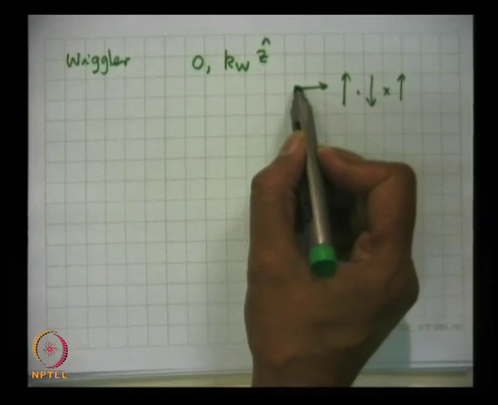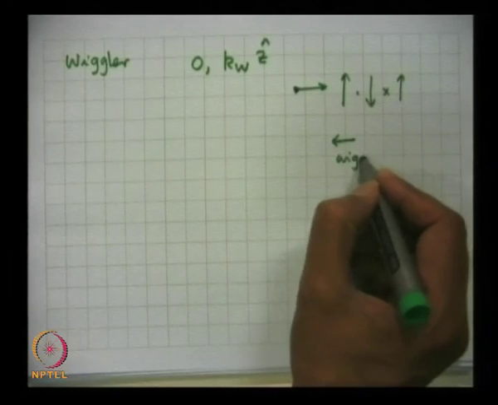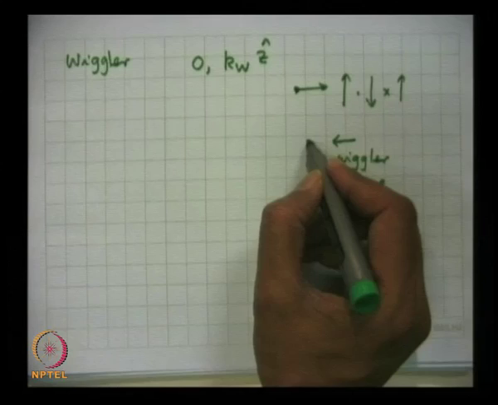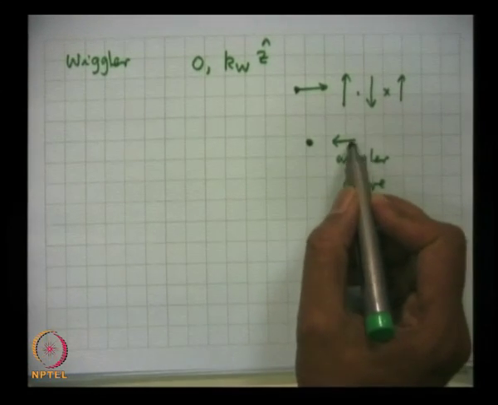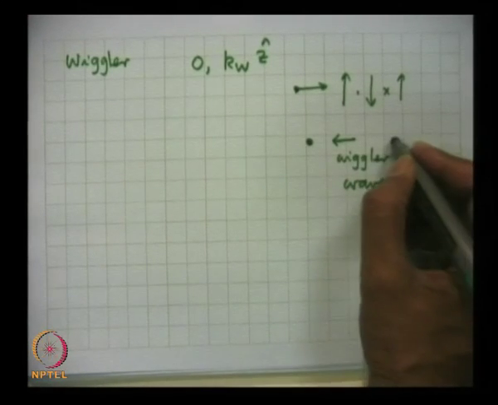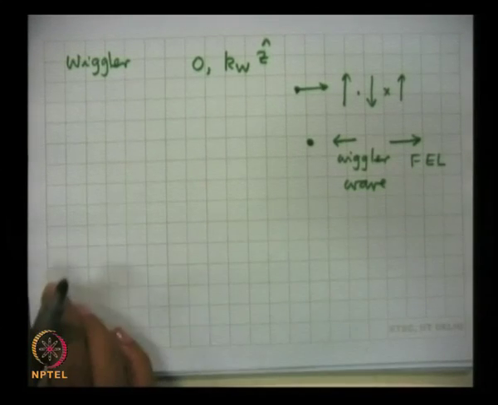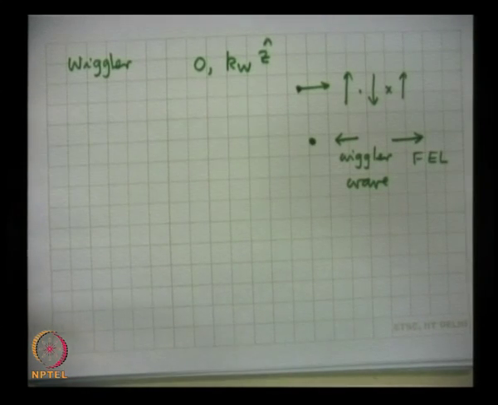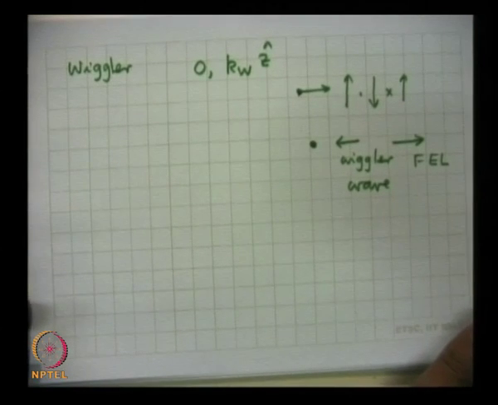So to this electron, the wave is coming like this. This is the wiggler which appears like a wave, and the electron beam is stationary, and Compton scattering of these wiggler wave photons in the backward direction will produce FEL. Well, analysis of this process is not difficult, and let me just give an outline of how to handle this problem.